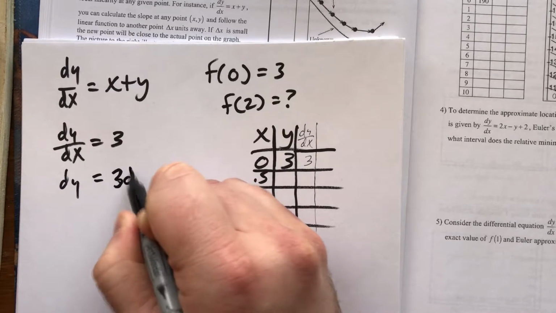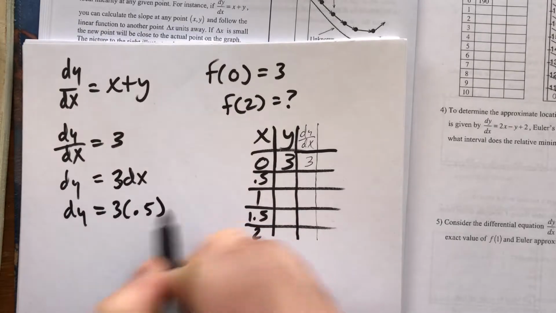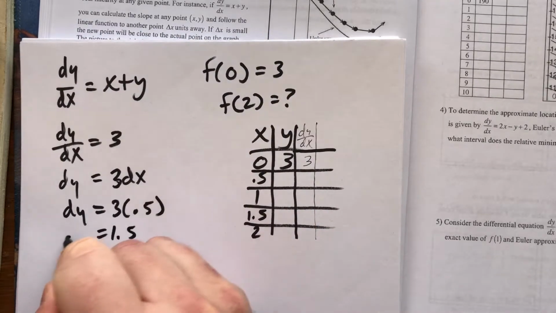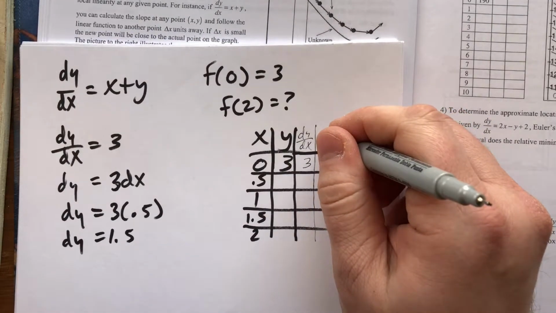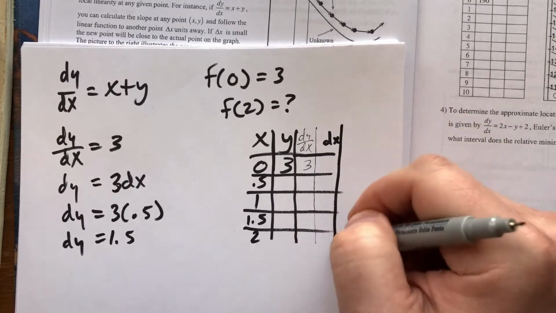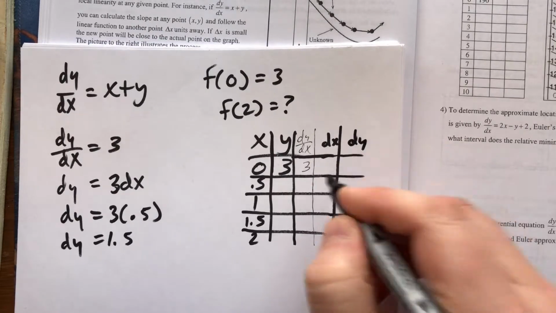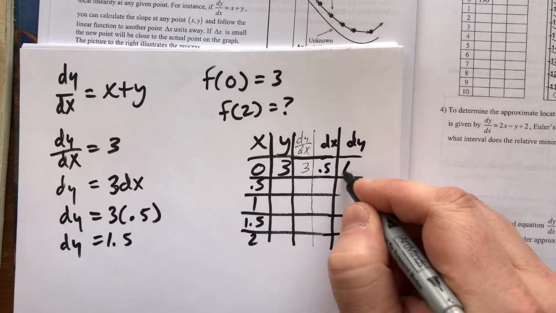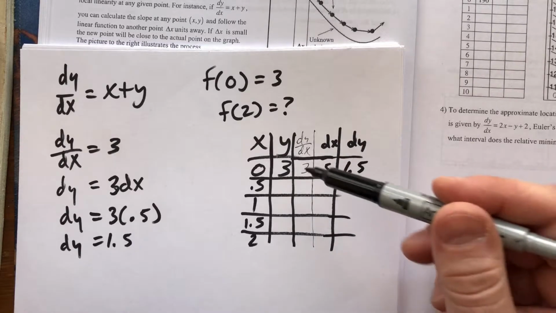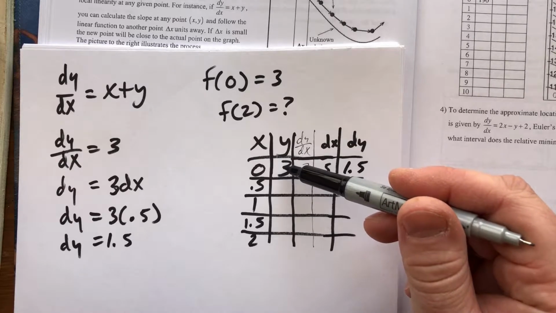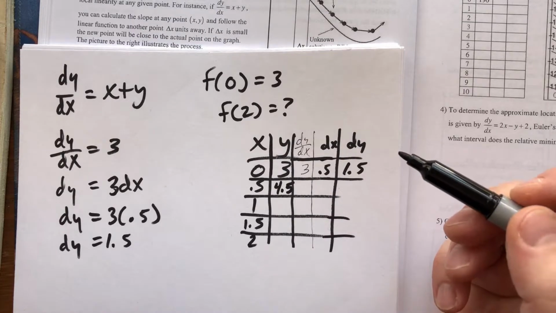So dy is equal to 3 dx, which is 3 times 0.5, which is 1.5. The change in y is 1.5. My original y was 3, so my new y is going to be 4.5.